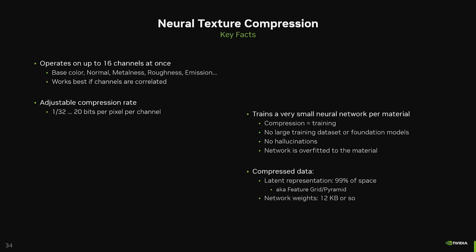NTC works by training a very small neural network for each material. Basically, in this case, compression into NTC is training, and vice versa. There's no like pre-trained models. There are no large data sets that we use. Just you take a texture set, you train a network for that, and that's it. There is no hallucinations, nothing like that.